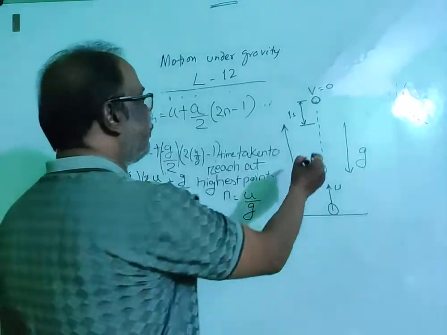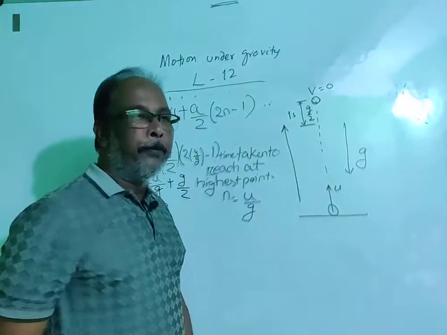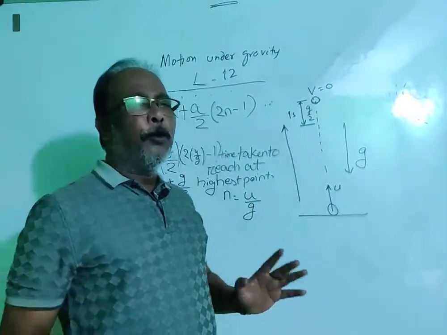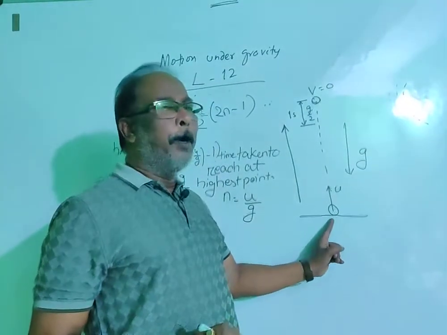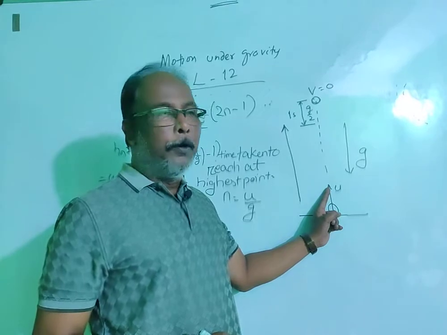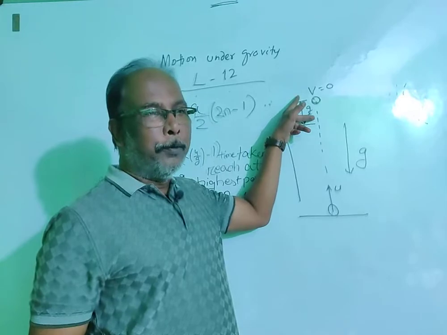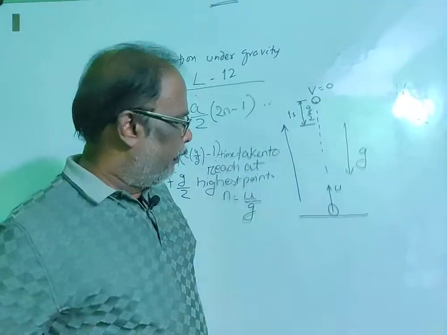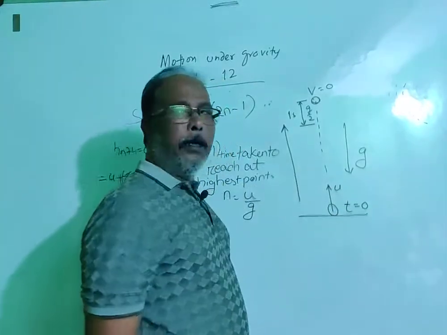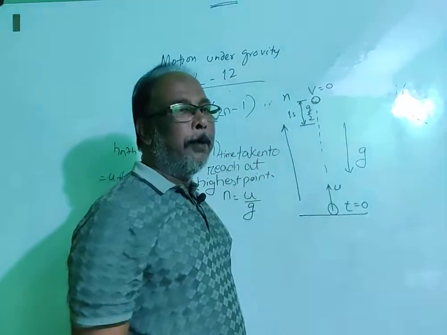The answer is: distance travelled by the body in the last second of its motion is g/2. Then, what's the question? A body is thrown upward with a velocity u. You have to find the distance travelled by the body in the last second of its motion. So, the body is thrown from the ground when t is 0, and reaches the highest position when time is n.